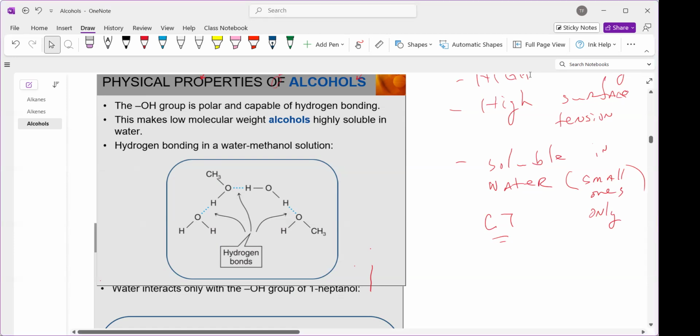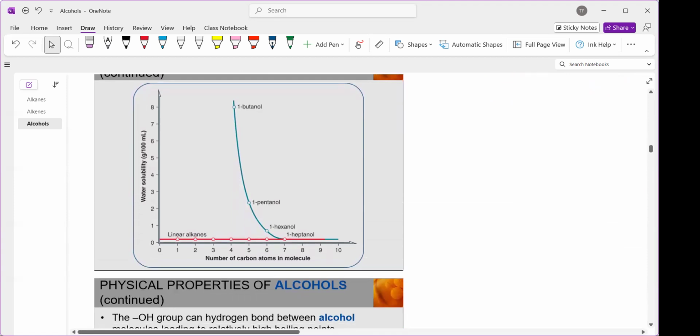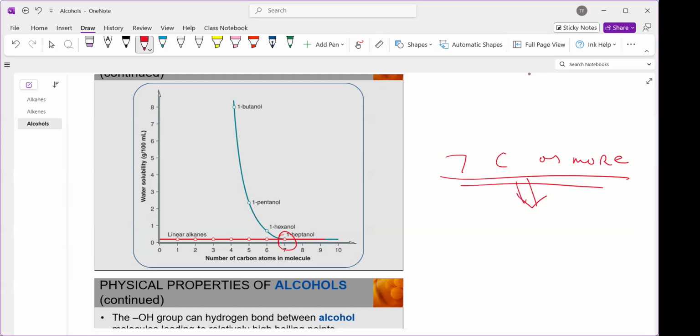Now we're going to find that the more carbons we add, the more and more non-polar it becomes, to the point of carbon number 7. If it's got 7 carbons or more, it's considered non-polar, even with the OH group.